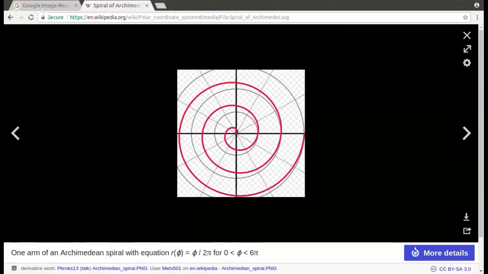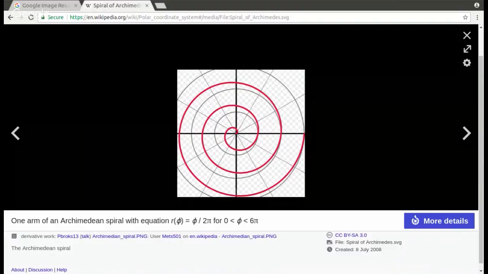So I think the function here is r of phi equals phi over 2 pi. And you see how, because the radius is increasing with the angle, that's why it's spiraling outward continuously as a function of the angle.